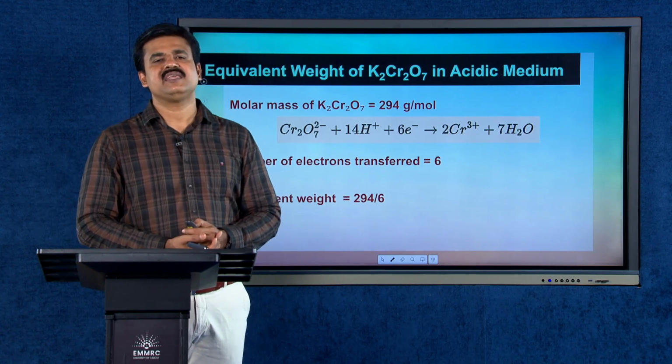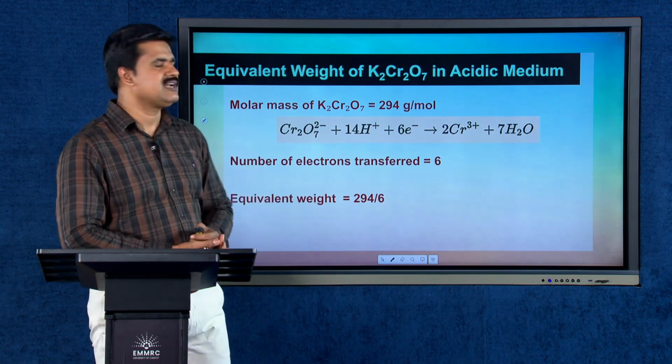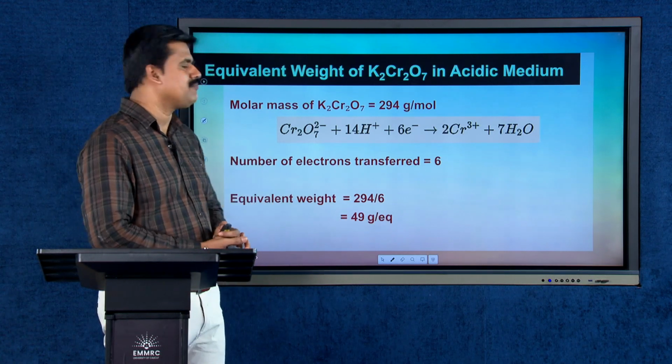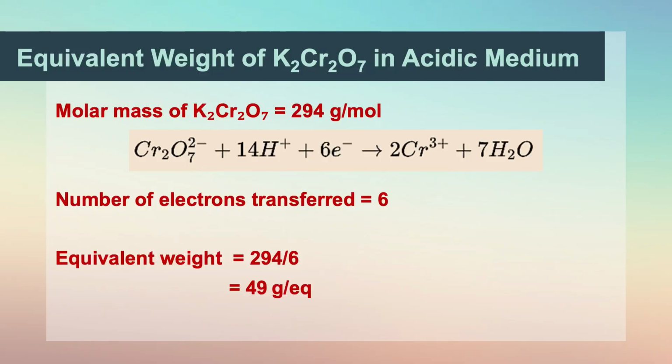And equivalent weight will be equal to molar mass divided by number of electrons transferred. So, that is 294 divided by 6, and equivalent weight will be 49 gram per equivalent. This value is very, very important as far as dichromate titrations are concerned. Equivalent weight of acidified potassium dichromate will be equal to 49 gram per equivalent.